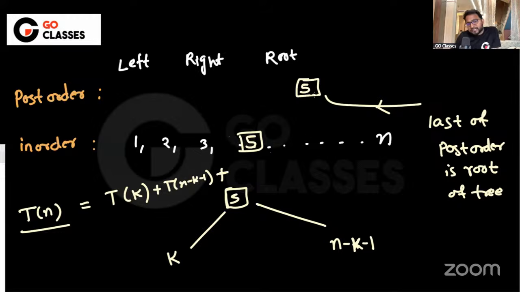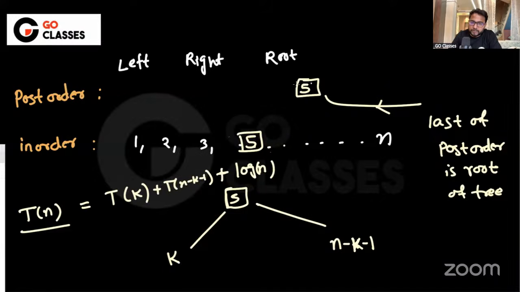You have to search this 5. Since this is already sorted, and to search this 5 in the sorted sequence, how much time have you taken? You can take log n time, right? Log n time. Is this fine to everyone?